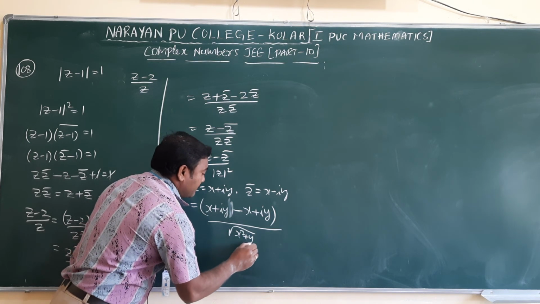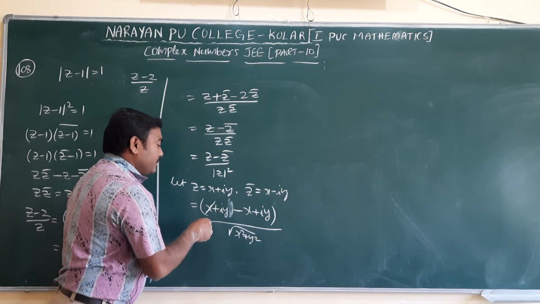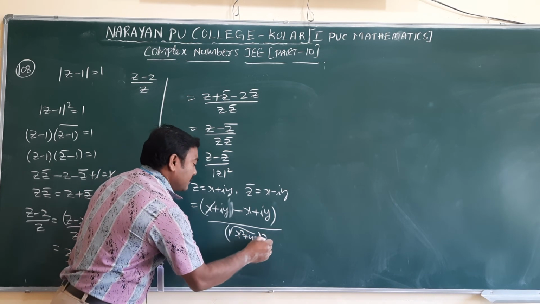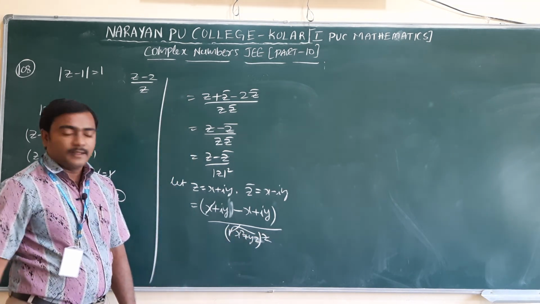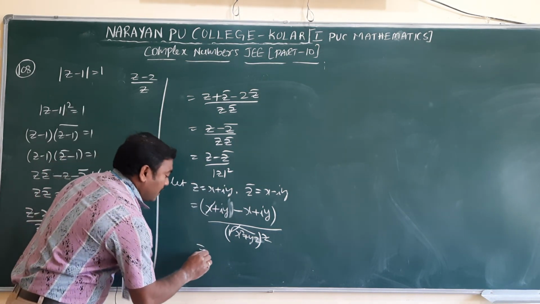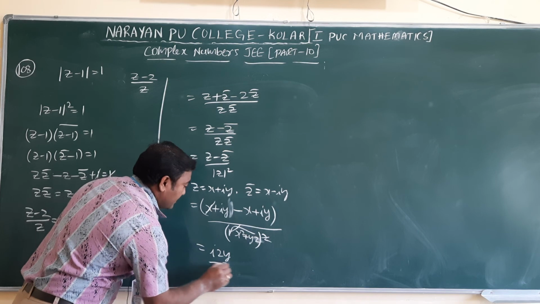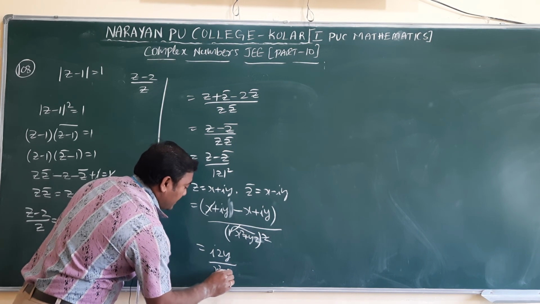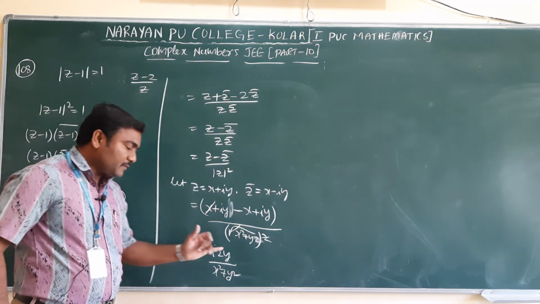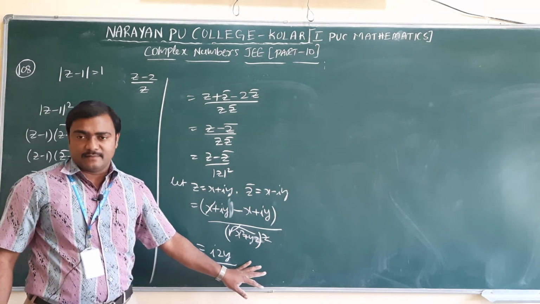Here the x terms cancel, remaining i into 2y divided by x square plus y square. So it is purely imaginary.